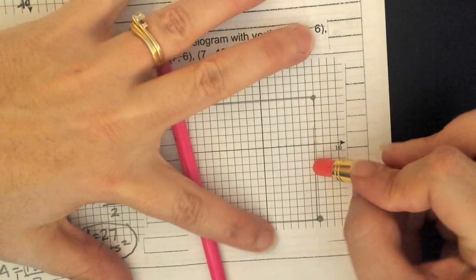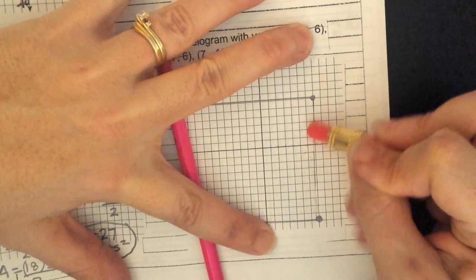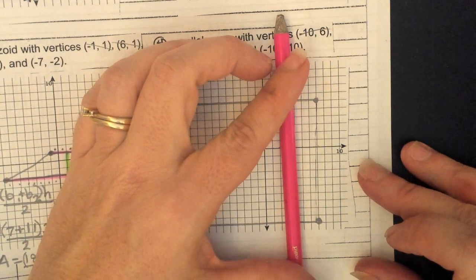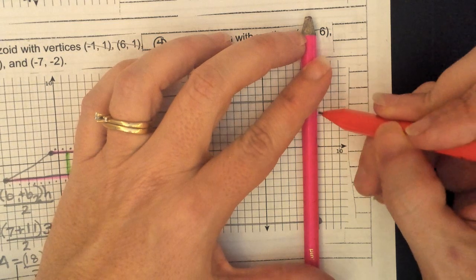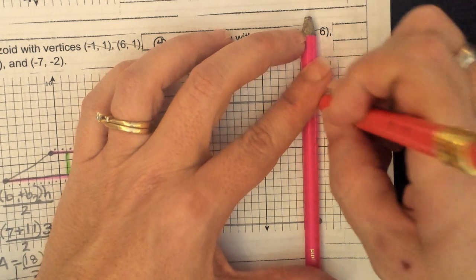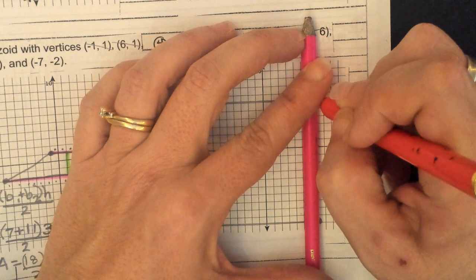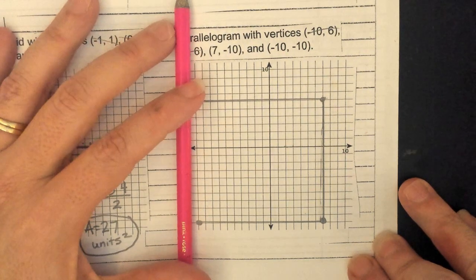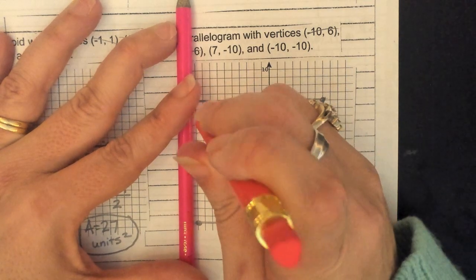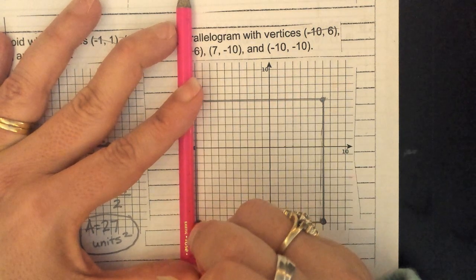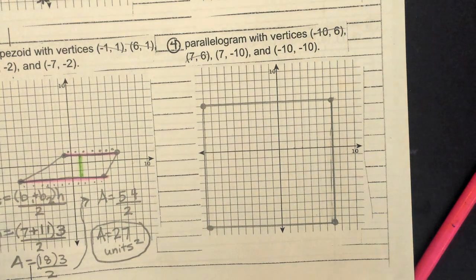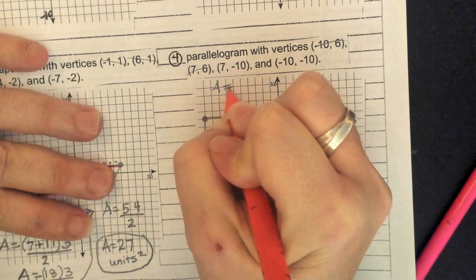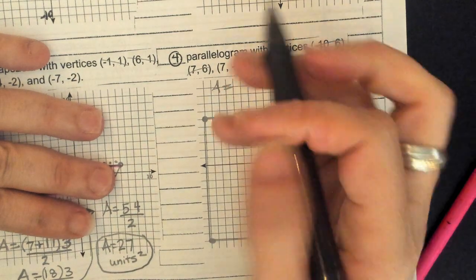Making that one crooked. So what shape is this one? Yeah, like a square or rectangle. You'd have to look at the exact numbers to make sure it's a square. A square or rectangle, they are parallelograms. So I know it's got the word parallelogram, but that's okay. Okay, A equals B times H.